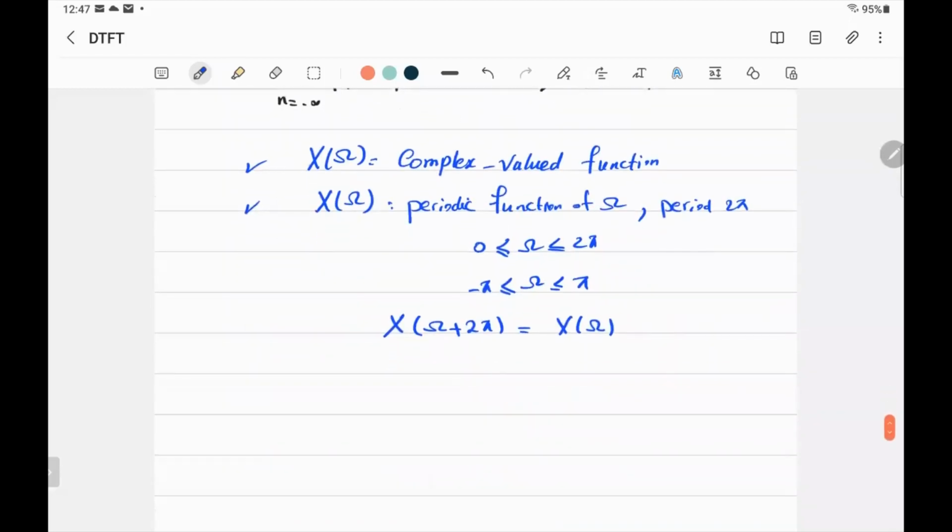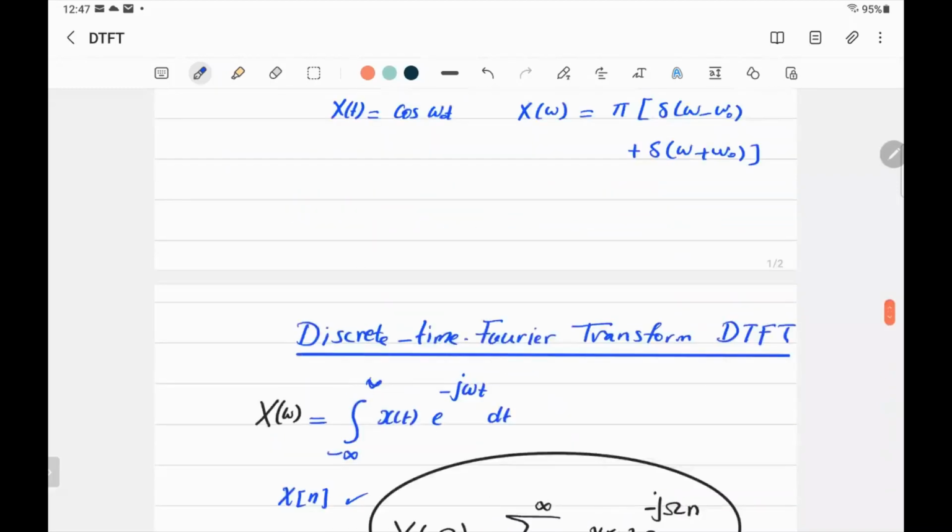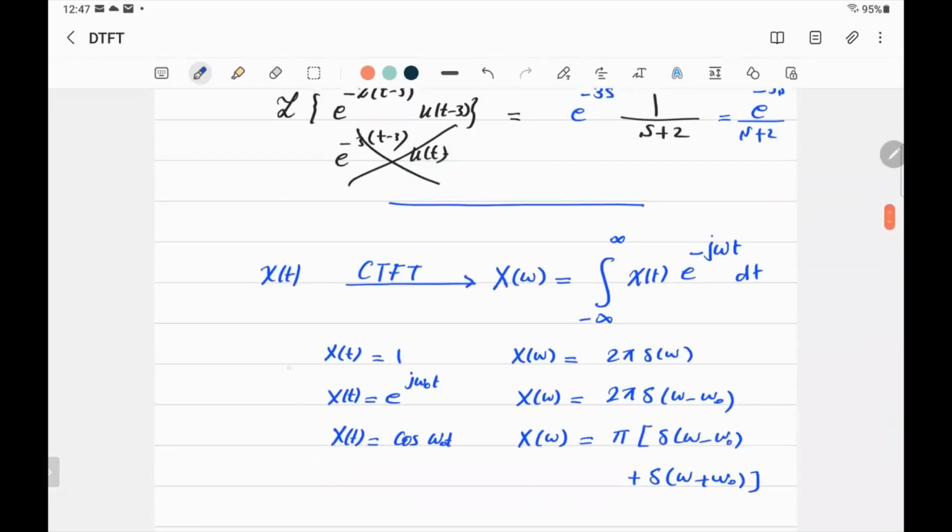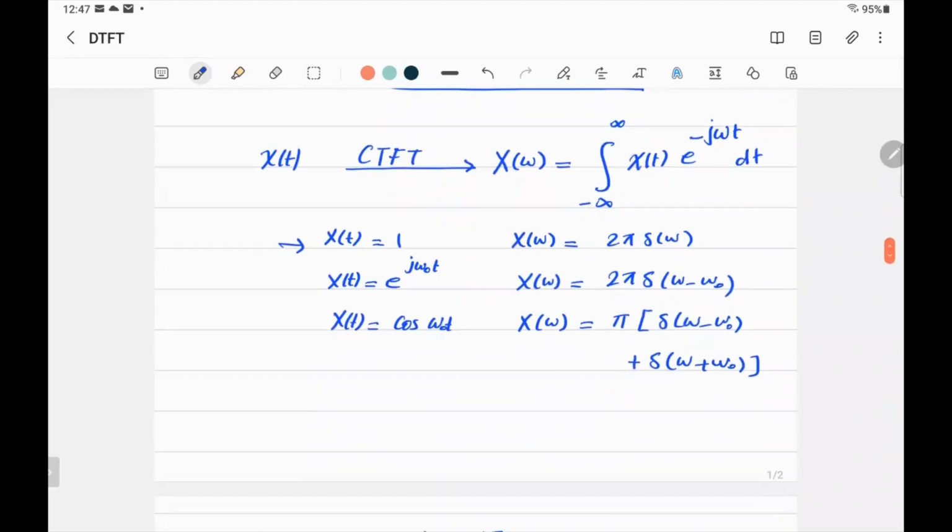So actually, if you know the corresponding continuous time signal for the sequence that you are investigating, you can easily transform it to the Fourier transform. What does it mean? Let's say, for example, you have the continuous function equal to 1. Let me take this as a good revision.